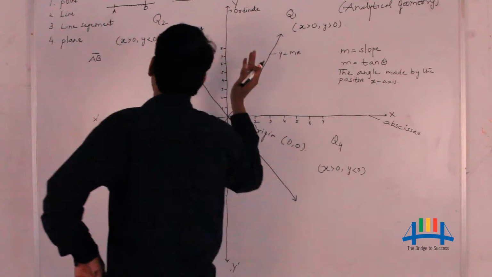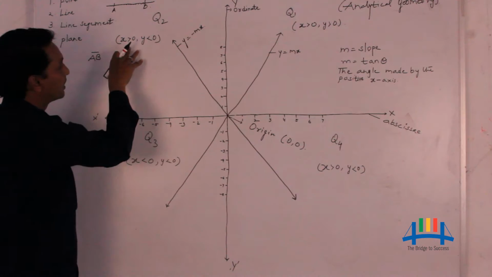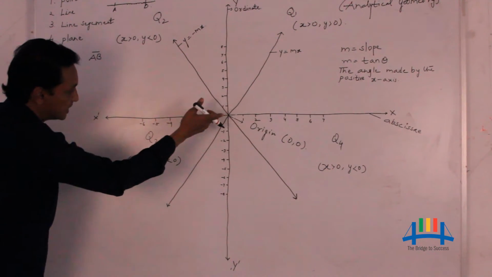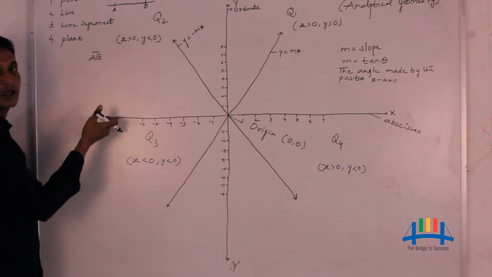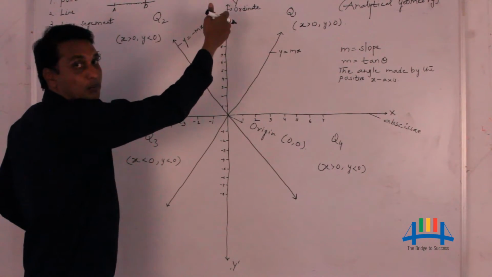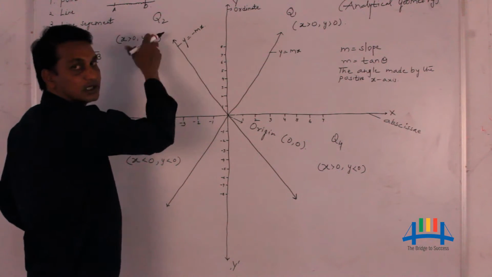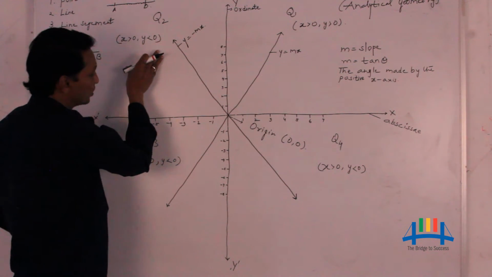Now when we come to the second quadrant, x is taking all negative values and y is taking all positive values. So x is less than 0 and y is greater than 0 in the second quadrant.